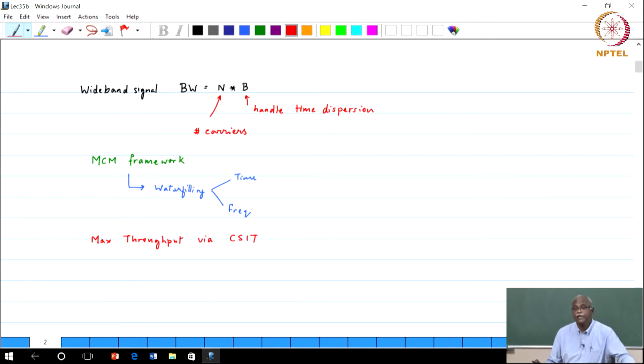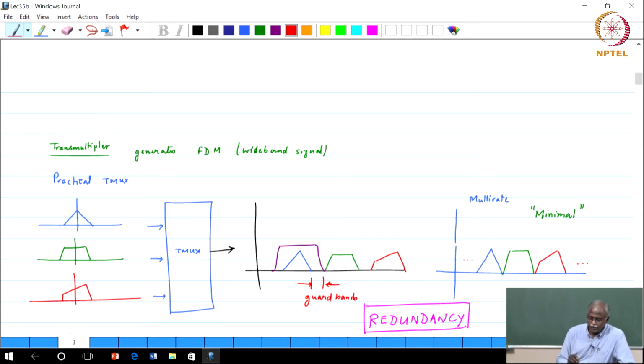Now where does multirate DSP play a role, and what are the benefits that we can get, is what we focused on. So we have this notion of a transmultiplexer. A transmultiplexer is a device that converts from narrowband signals to a wideband signal. Now when we did the design of the transmultiplexer, we talked about the ideal case where these signals were side by side without any gaps, that is what we refer to as a minimal system.